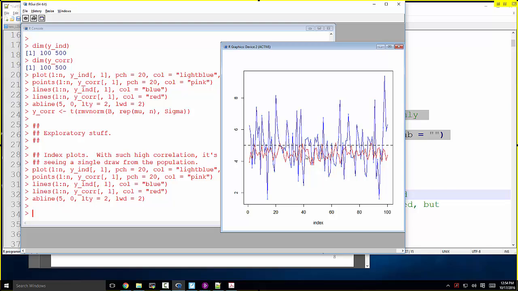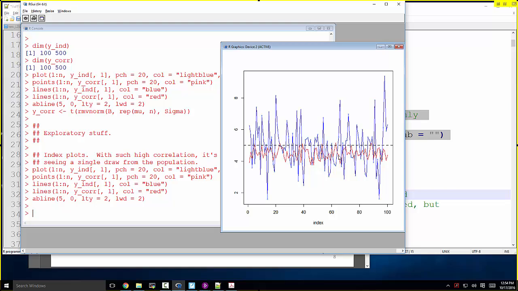When we have such strongly correlated data, it's like we don't really have 100 independent draws from this population. It's closer to the case that we took one draw and then a bunch of correlated observations around that one draw. The red does not vary as much as the blue does. The red is constrained to stay very close to its original value.